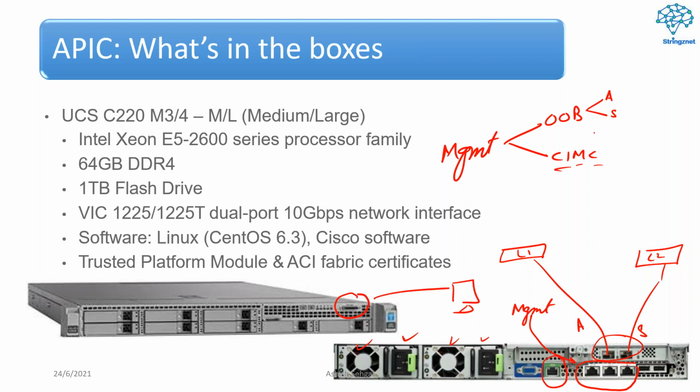Just for the sake of redundancy, we have two, but we provide only one single IP address to them, for example, 10.0.0.10, and we access this particular device using either HTTPS or our CLI by doing SSH to this device.